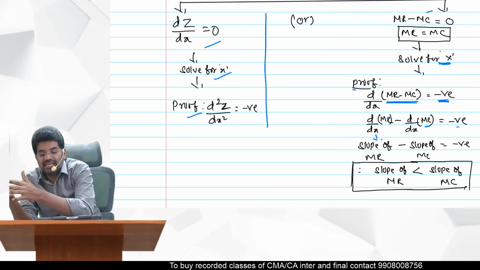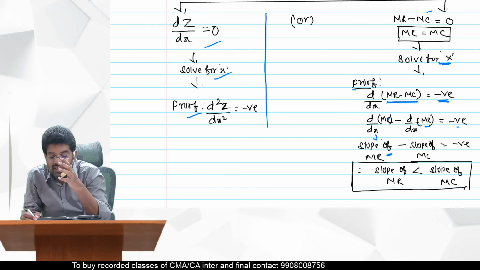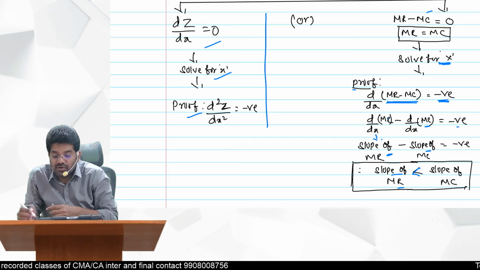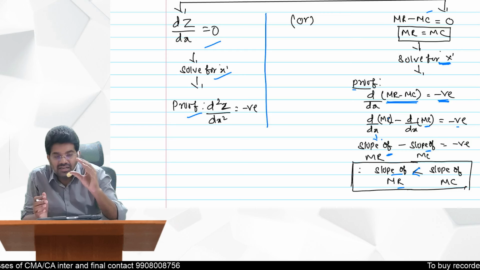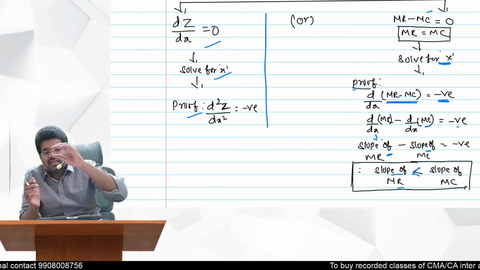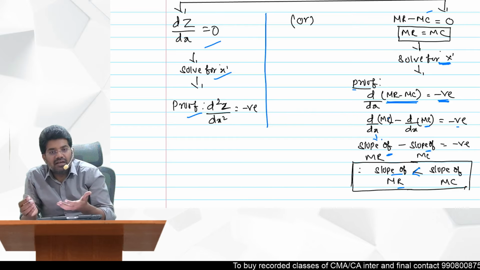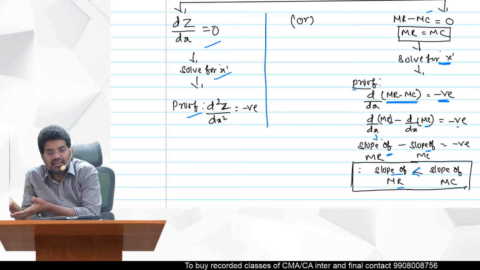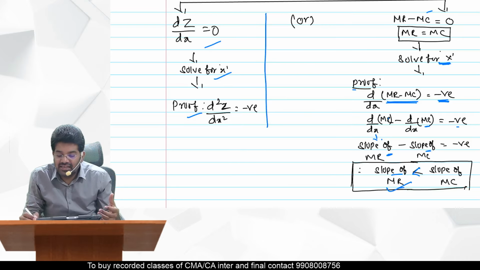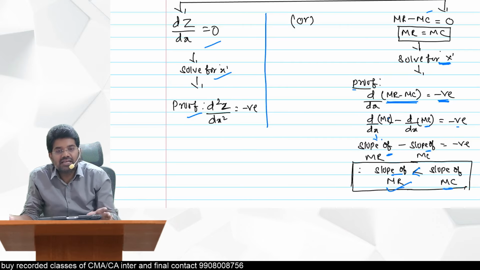Since it should be negative, that means the MR slope should be lower than the MC slope, then only it will be negative. So if the slope of MR, which is the second order derivative of MR, is less than the slope of MC, the second order derivative of MC, then the difference is negative and the condition is satisfied.